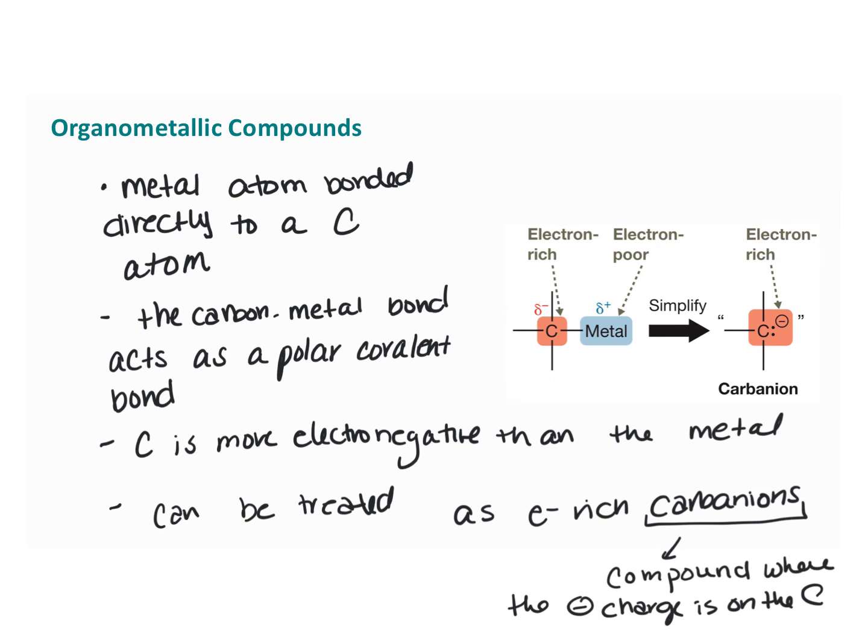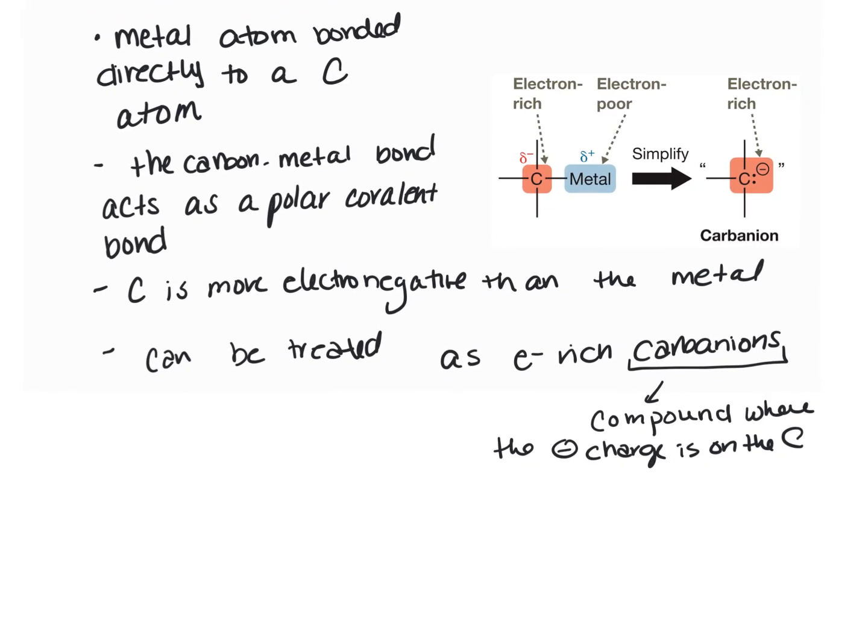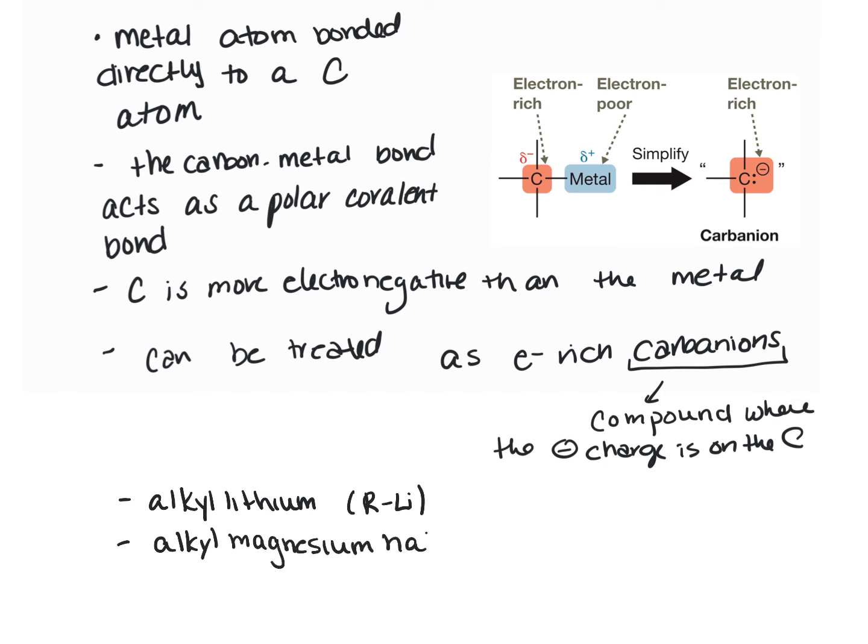So, just in summary, organometallic compounds include alkyl lithium, which are a lot of times shown as just an R group bonded to lithium. They include alkyl magnesium halides, and that's a lot of times shown as RMgX, where X is a halide.